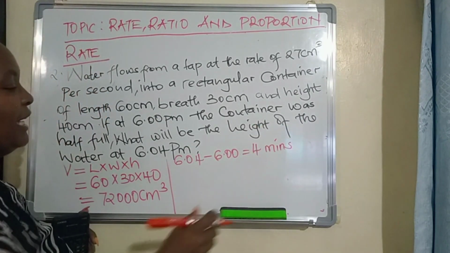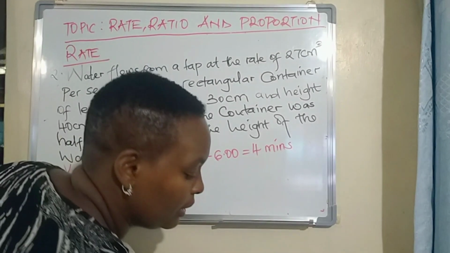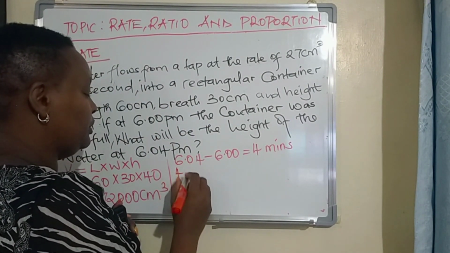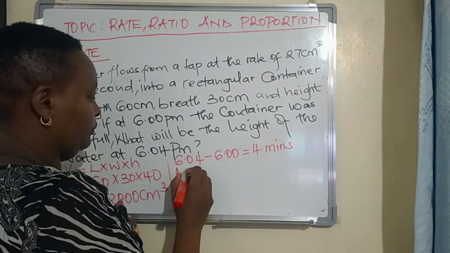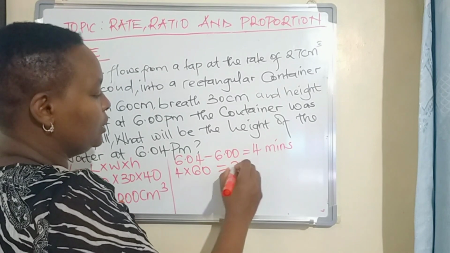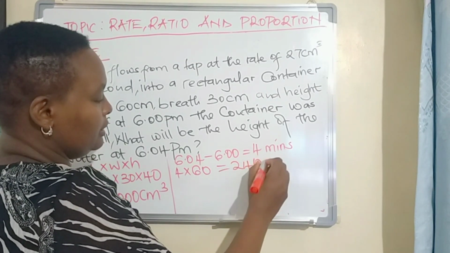Now if you convert these minutes to seconds, it's going to be 4 times 60, which gives us 240 seconds.